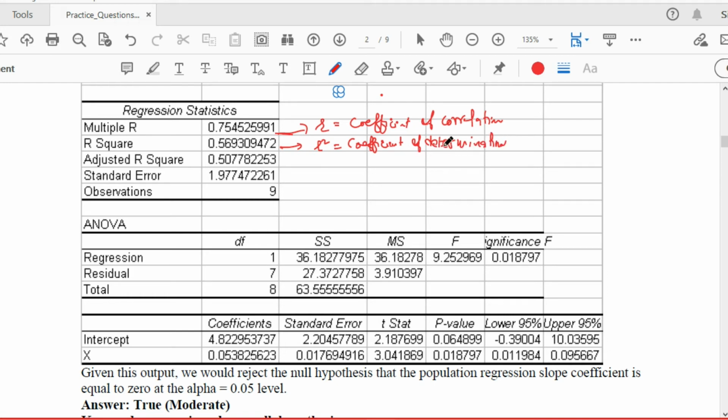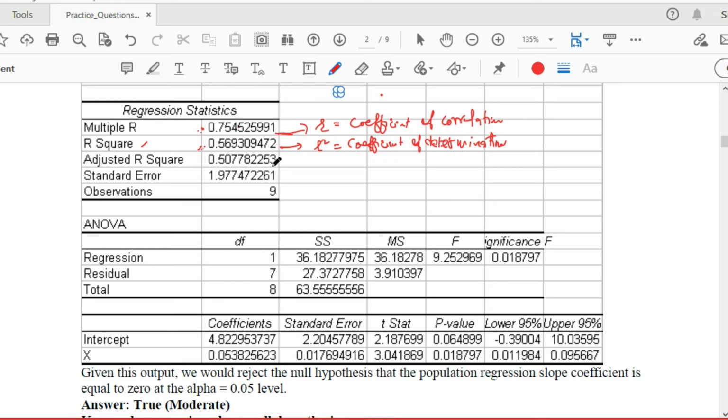Coefficient of determination is denoted by r square, right? So if it is not given, square it. Suppose it is given, take the square root of this. Sometimes one of these two will be missing here. So with the help of this, you can calculate and you can write coefficient of correlation is this, coefficient of determination is this.